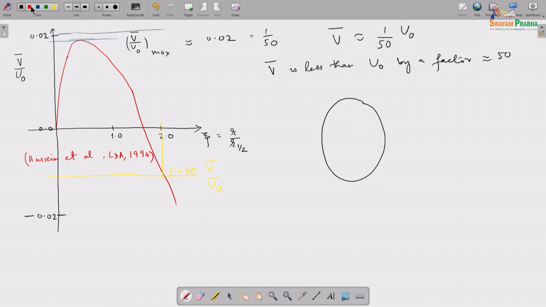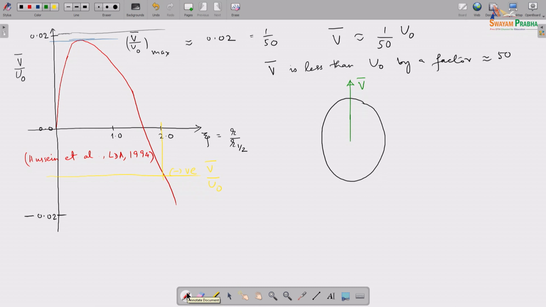If I were to draw this, say like this, this is what we have been drawing so far. At some point you will have the mean velocity like this.